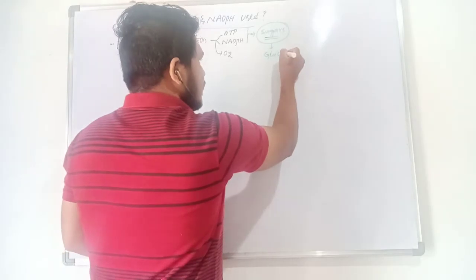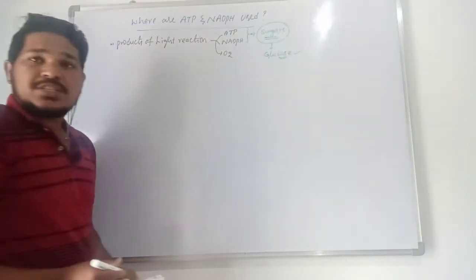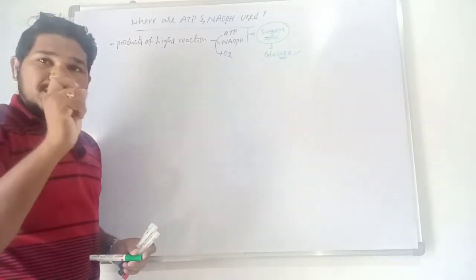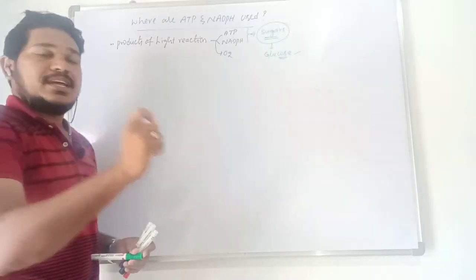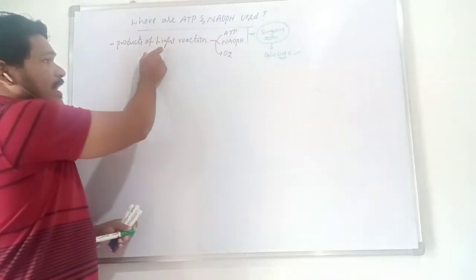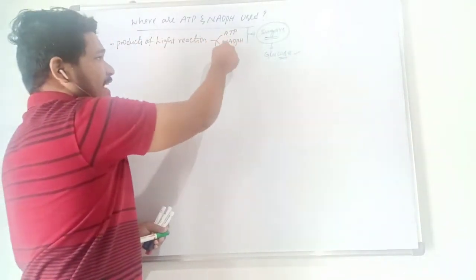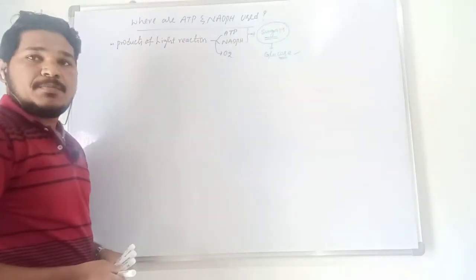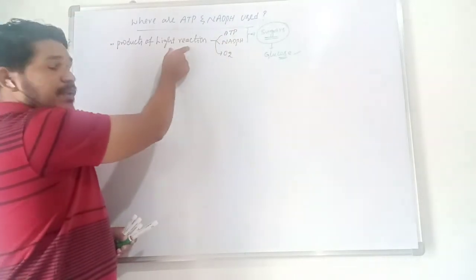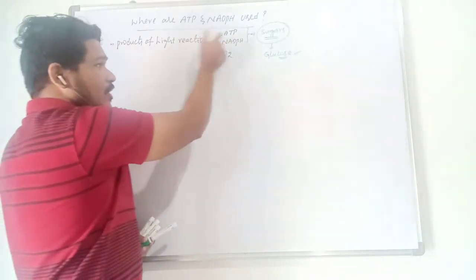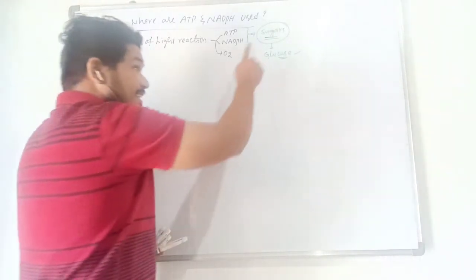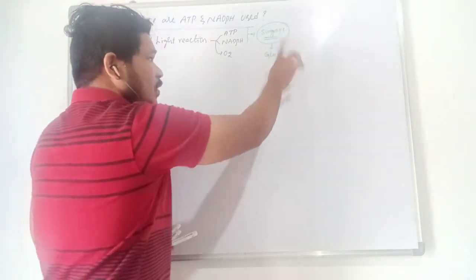According to our equation of photosynthesis, the C6H12O6 form of glucose is synthesized in the dark reactions by utilizing the ATP and NADPH produced in the light reactions.